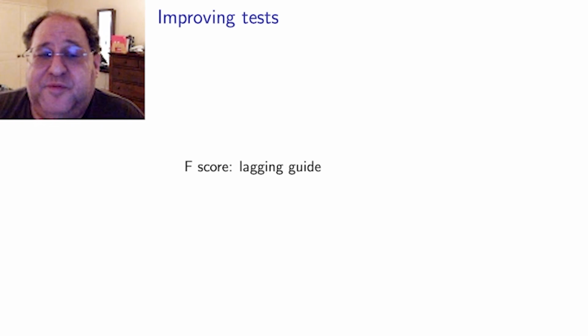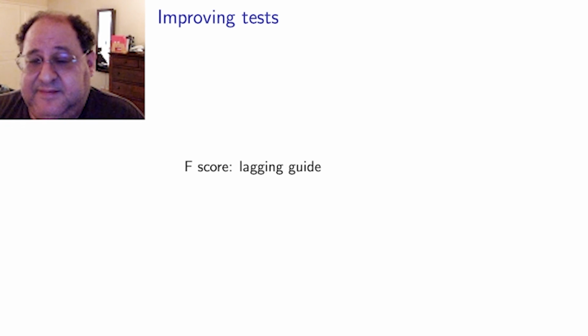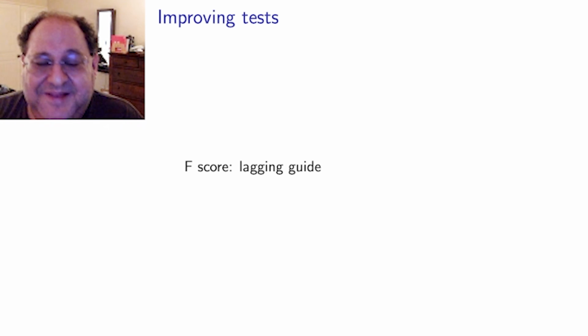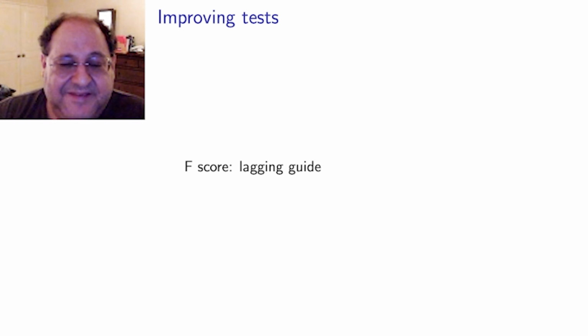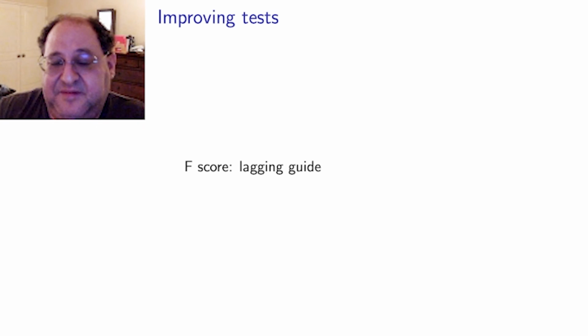When you try to improve, again, remember that the F-score is a lagging guide. It will tell you whether what you have done over the last two weeks was really great, and this is nice, but you can't use it for your day-to-day development. What you want to do is evaluate general strategies with that.